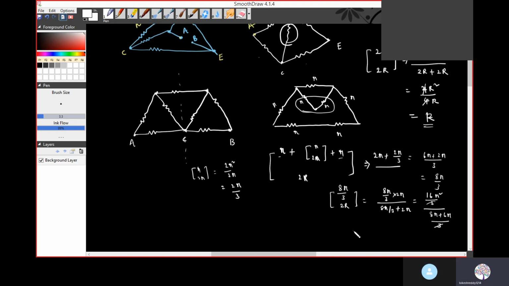That is 16R square by 8R plus 6R, 14R. 16R square by 14R, which is 8R by 7.